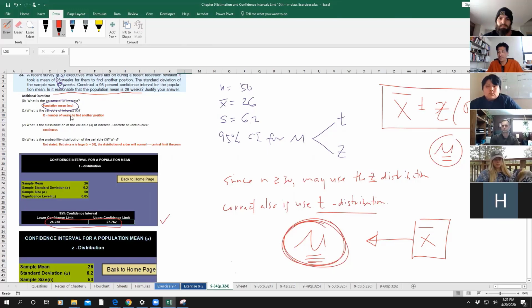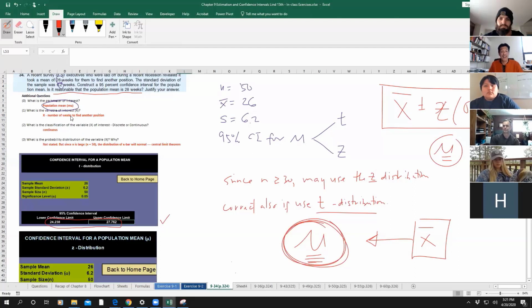Yes or no? No. Why not? Because the 28 weeks is not in between the 24 and the 27, so it's not reasonable for the population mean to be 28.